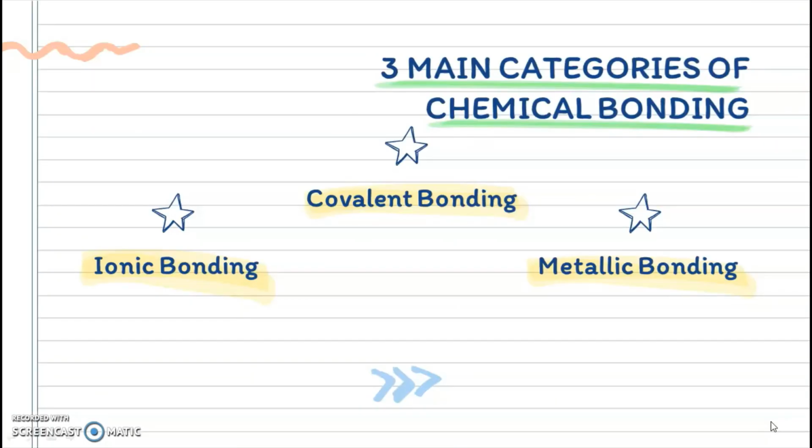Lastly, we will discuss the three main categories of chemical bonding, namely ionic bonding, covalent bonding, and metallic bonding. So, iisa-isahin natin yan, starting with ionic bonding.